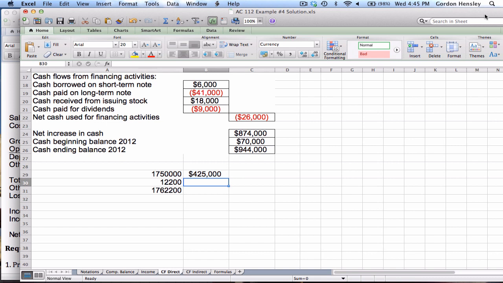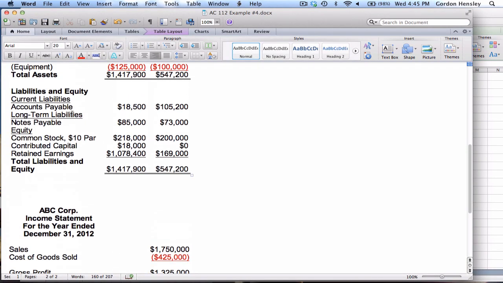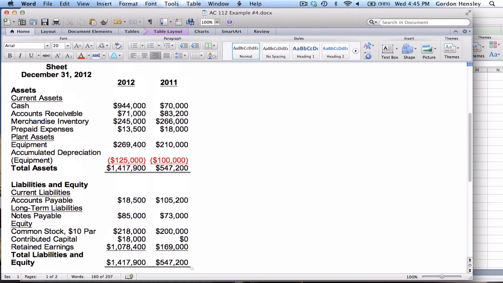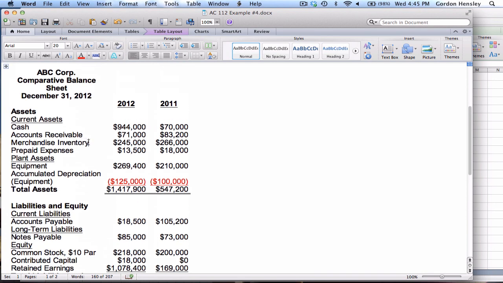Now, below that, I've got two things to consider. I have to consider merchandise and accounts payable. So on my balance sheet, where's my merchandise? It's an asset. It's the third asset on there, merchandise inventory. Now, last year, it was $266,000. This year, it's $245,000.